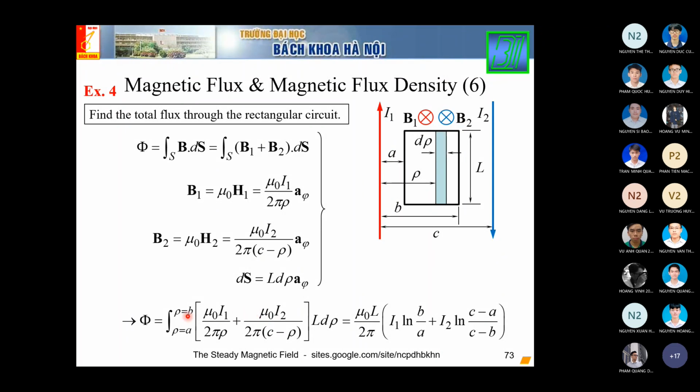So once again, you can see that the magnetic flux here is proportional to the two currents, I1 and I2. Are you okay? Any question?